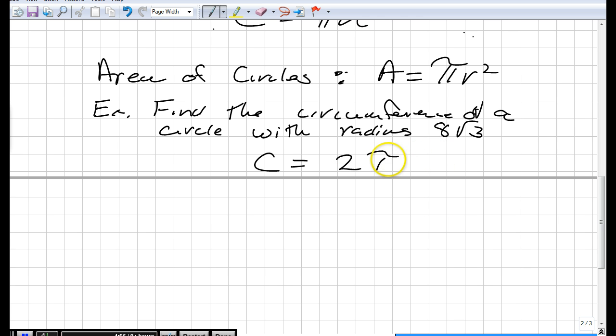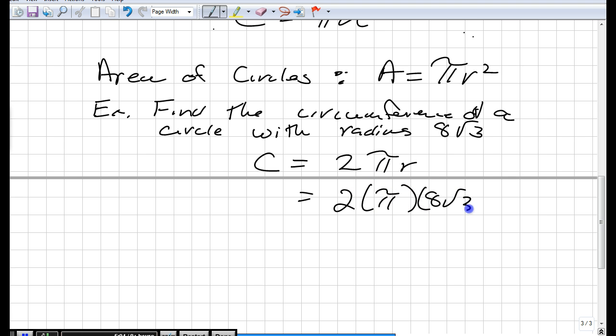So we fill in what we know, we simplify, and unless you are given a value to substitute for pi, or you're told to use a certain approximation, you leave your answer in terms of pi. So the circumference, the distance around, is 16 square root 3 pi units. Okay?